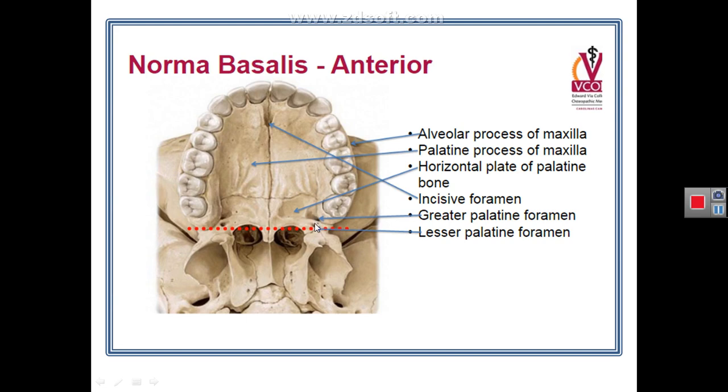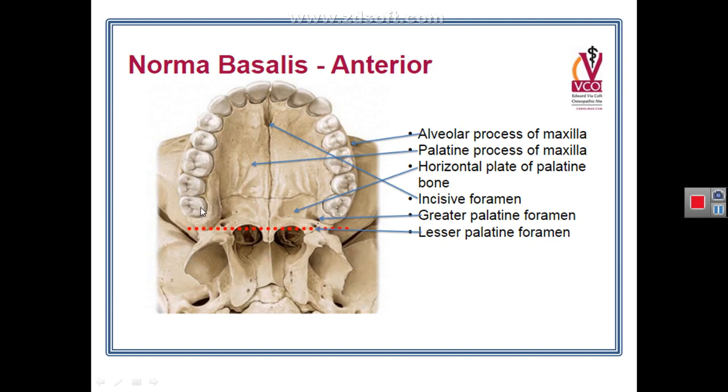Behind this greater palatine foramen are small foramina, about 1 to 2, maybe 3, that are called lesser palatine foramina. The piece of bone containing the lesser palatine foramina is called the pyramidal process of the palatine bone.